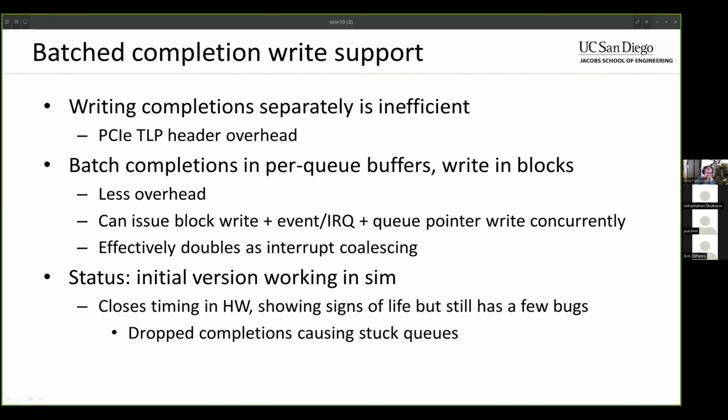I think what's happening is that once we exceed the number of queues supported by this little cache, one of the connections will get stuck. We'll lose a completion, the connection will get stuck, and then eventually we'll just be running with the number of connections that fit in the cache. And then nothing else gets dropped. So I haven't gotten to the bottom of that yet. Hopefully I'll be able to get that sorted out soon, but we'll see.